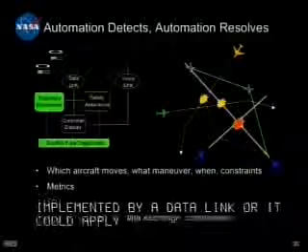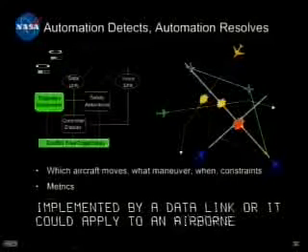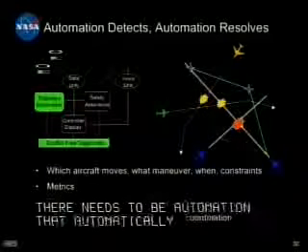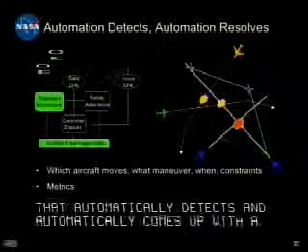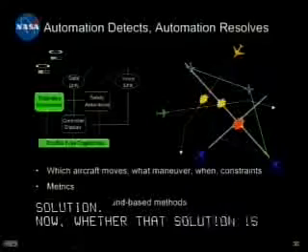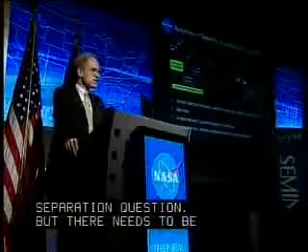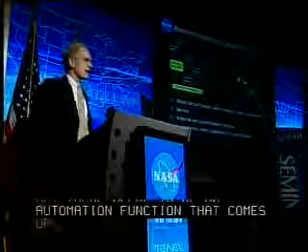There needs to be automation that automatically detects and automatically comes up with a solution. Now, whether that solution is used exactly as is, that's a separate question, but there needs to be an automation function that comes up with trajectories that can be used to solve problems automatically.